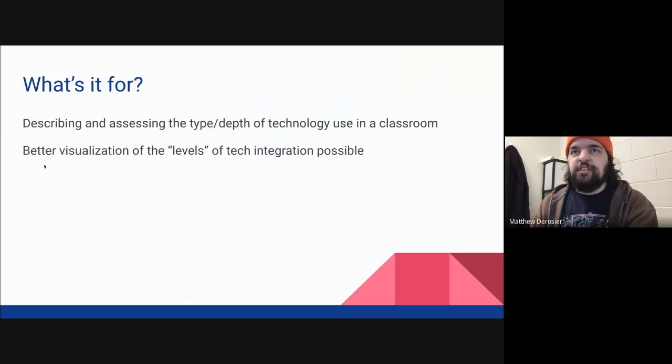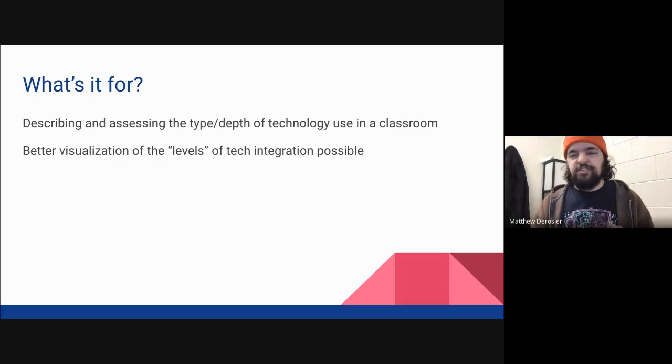The SAMR model allows you to have a better visualization of the different levels of tech integration possible. Now, of course, they're not actually discrete stepping stones that you'll be able to point out along the way. It's more of a sliding scale, but looking at it as discrete levels can help us categorize: am I doing something in the substitution range when I could be doing something in the augmentation range?